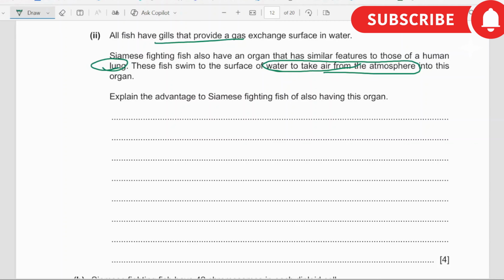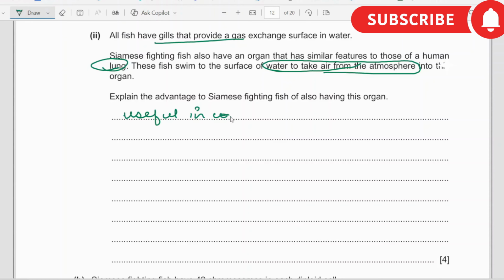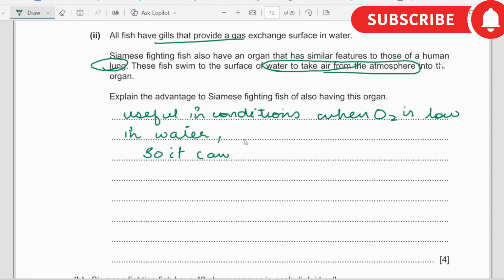I'm waiting for the other two points. Conditions. Release more energy. So point number one is it is useful in the condition when the oxygen is low in water, so it can take air from the atmosphere, or you can also say gaseous exchange is still possible in the air.